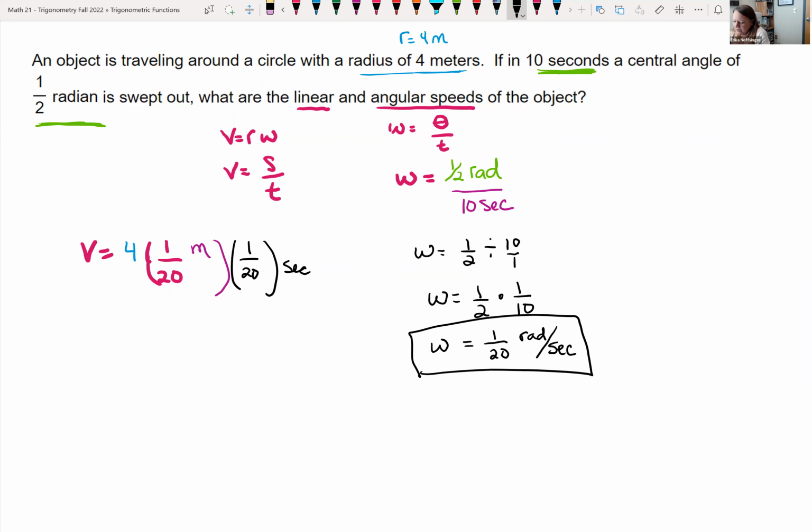So 4 meters times that 1/20 is going to give us back 1/5 meters per second, so 0.2 meters per second.